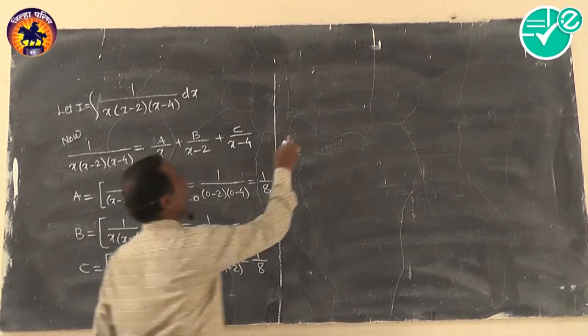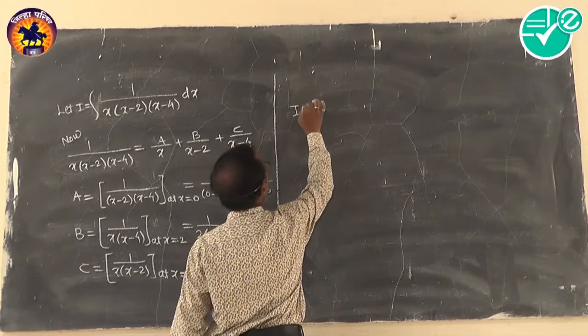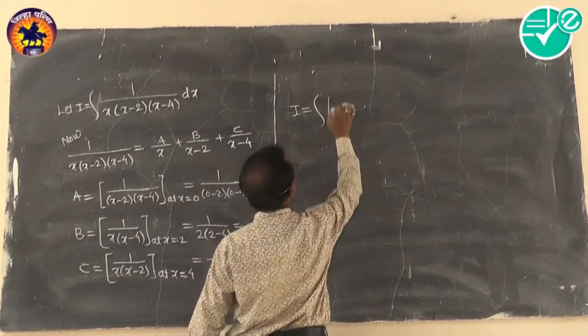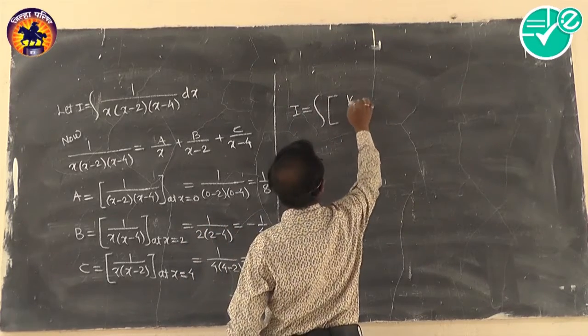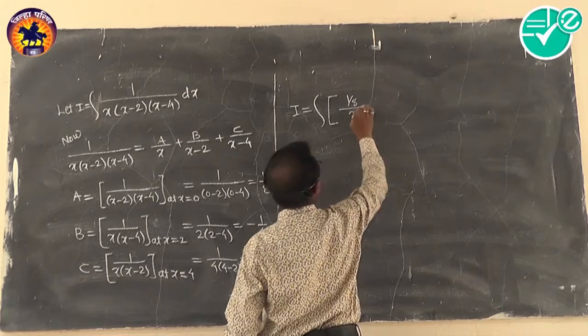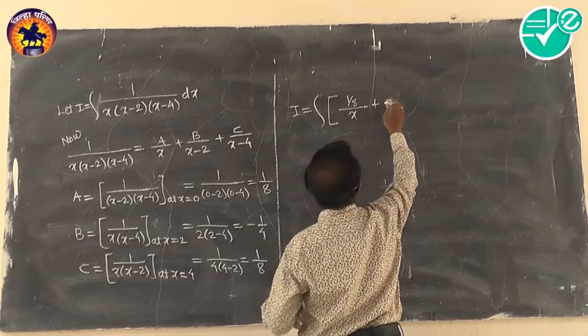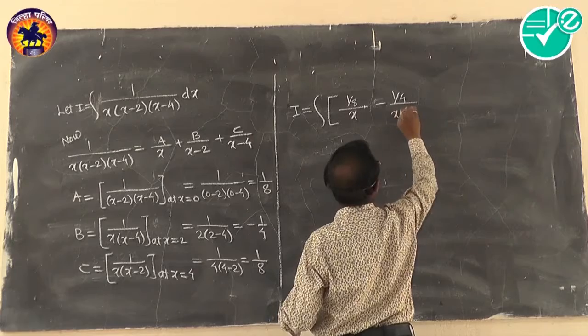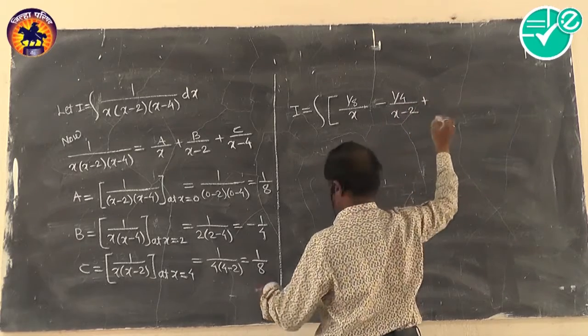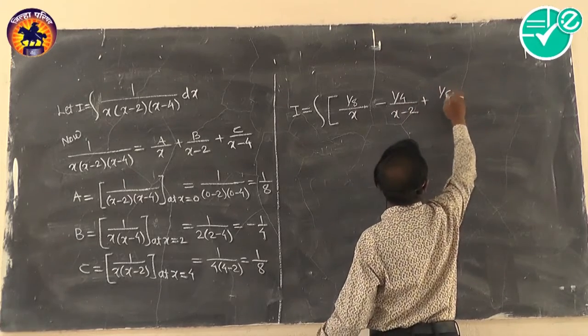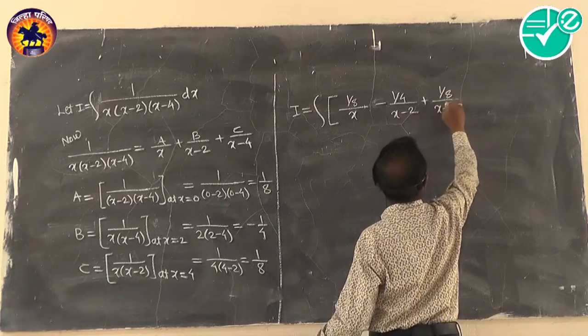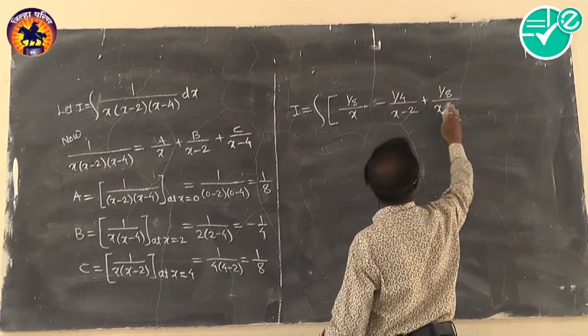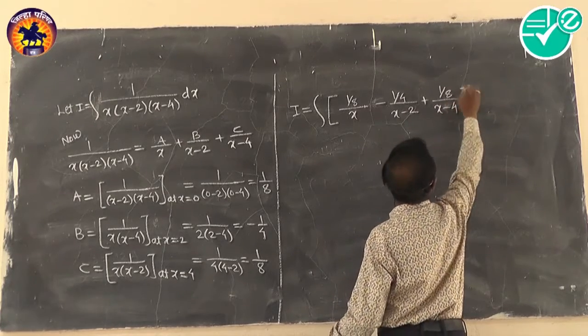So the integral function can be written in this form: 1 by 8 upon x, plus minus 1 by 4 upon x minus 2, plus 1 by 8 upon x minus 4, dx.